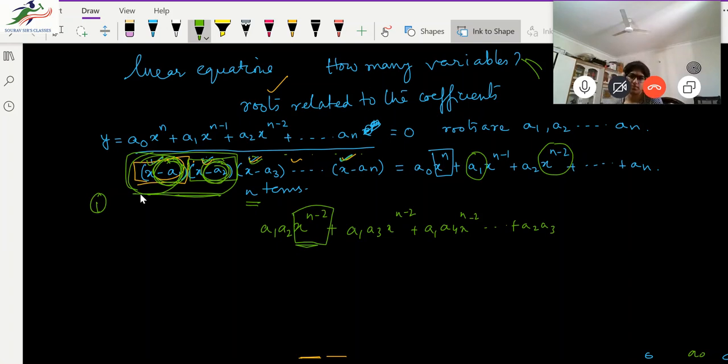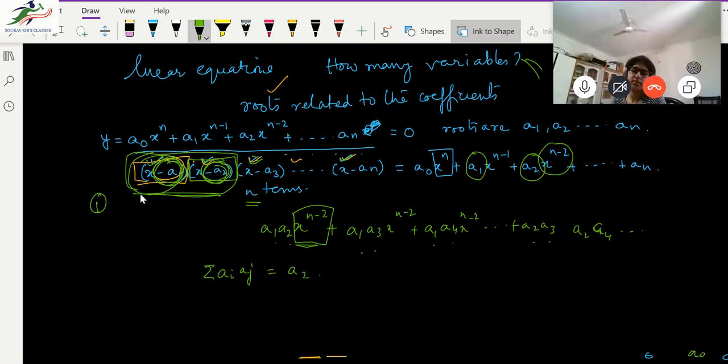So the series will be like a1, a2, a1, a3, a1, a4, and then a2, a3, a2, a4, and so on. So all this ai, aj, the summation of that will be equal to the coefficient of x to the power n minus 2 here, which is a2.